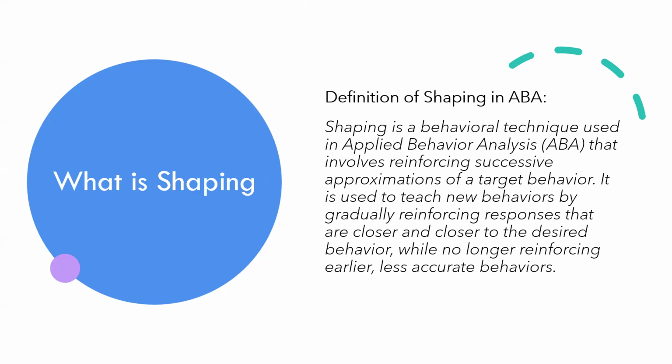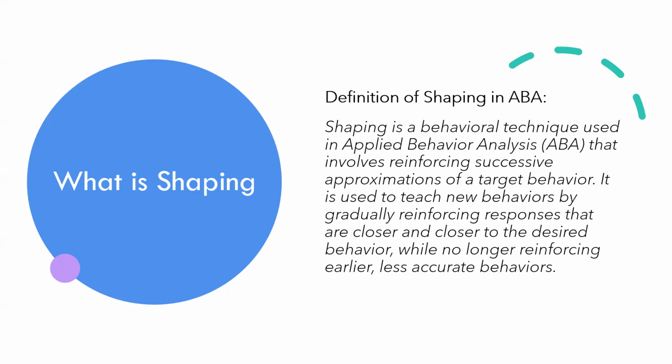Shaping's actually one of my favorite procedures to use in ABA. I think there's a lot of pros to it. All this really means is we may have a long-term goal that we want to reach. For example, we may have a kid that can only say "a" but we want them to be able to say apple, to ask for apple.